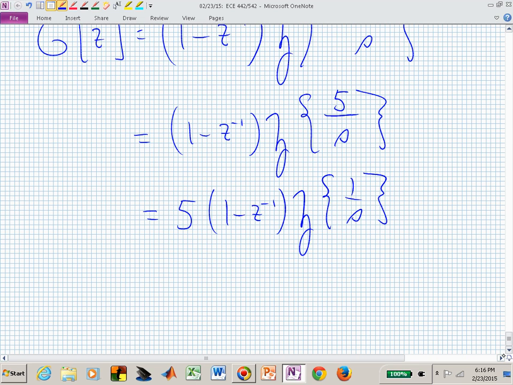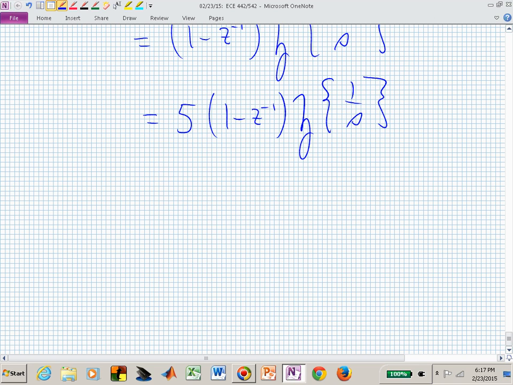And remember what we're doing if we don't have a table of Z transforms. We would now take this into the time domain. What's 1 over S in the time domain? That's just the unit step, isn't it? So that looks like 1, doesn't it?